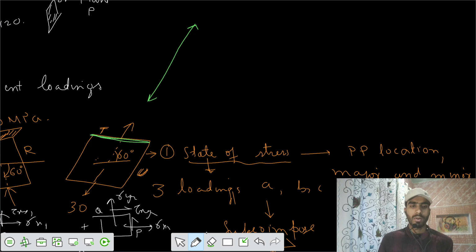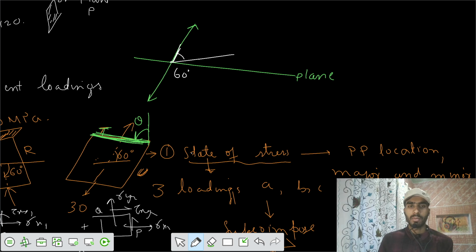We have to transform it to our reference plane, that's plane P and Q, so the T plane has to be transformed into plane P and Q. The line of action of stress is making an angle of 60 degrees with the horizontal, and that means this is 30 degrees.